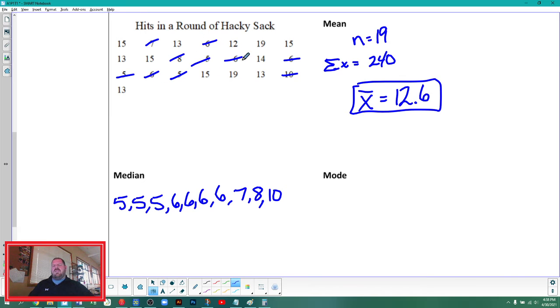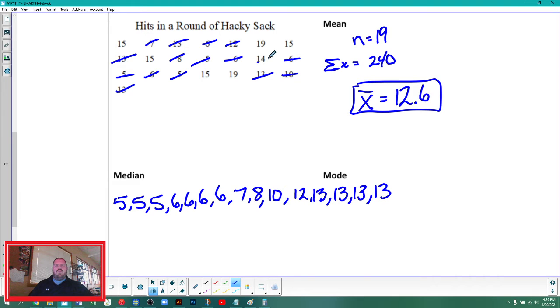I don't really hesitate to cross this list out because I'm just remaking this list right here. Remaking this list is going to help me out. Don't have any 11s, but I do have 1 12. I'm going to go over into my mode a little bit, but that's okay. 13s, I have 1, 2, 3, 4 of those.